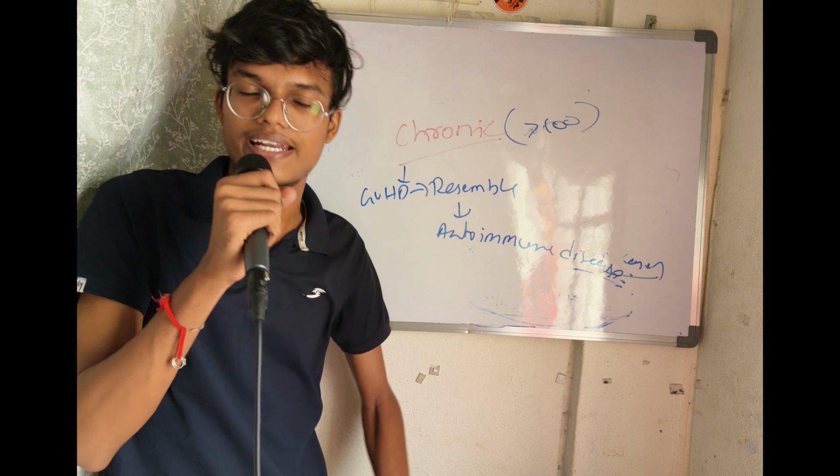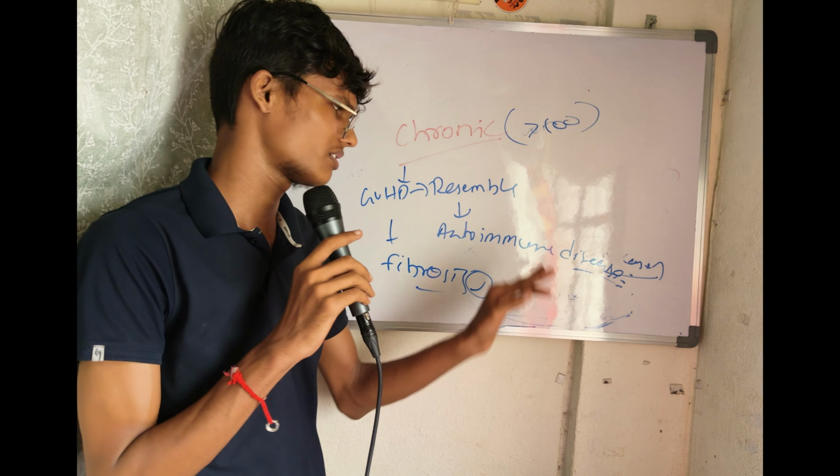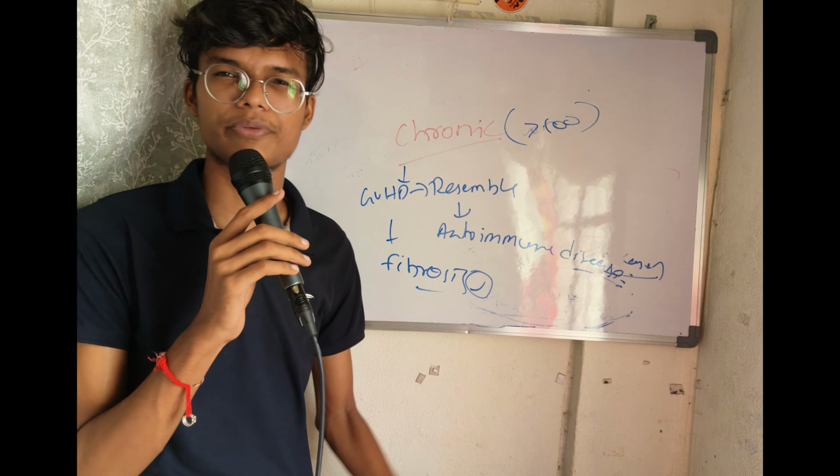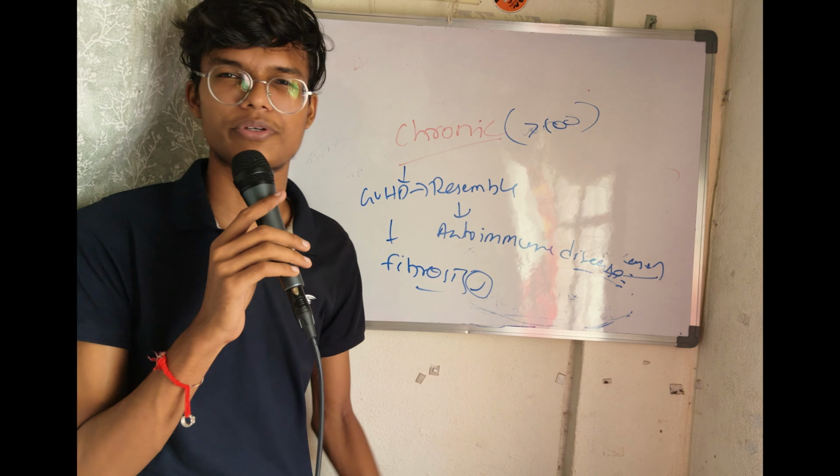Due to prolonged inflammation and damage, the healing will take place by fibrosis. So it might also damage our major organs like the pancreas. So some autoimmune diseases it might represent. Okay, this is the chronic stage. It might resemble autoimmune diseases.